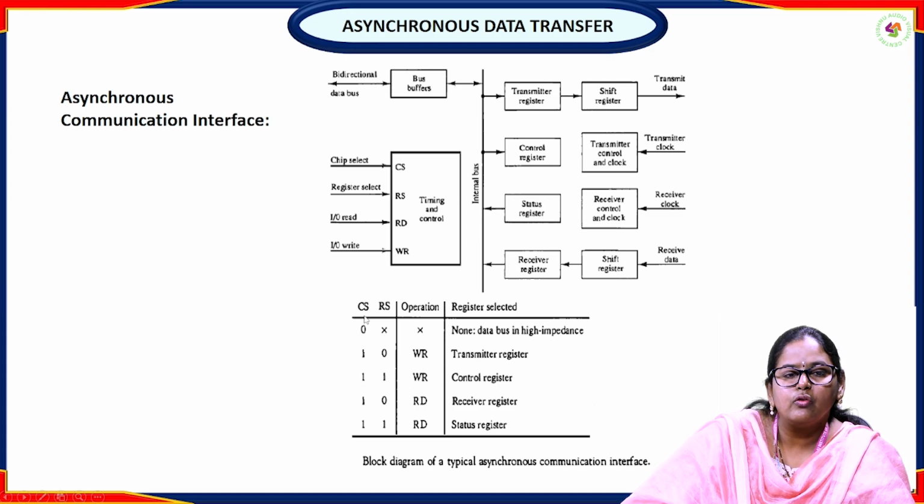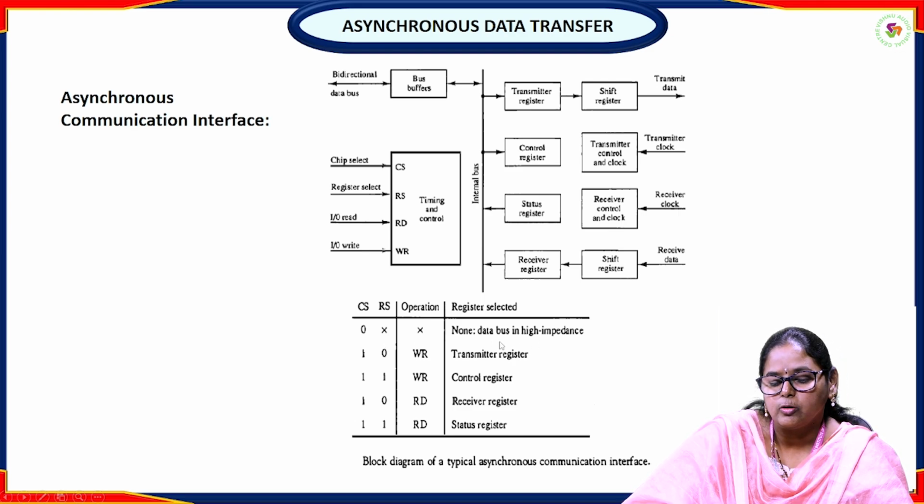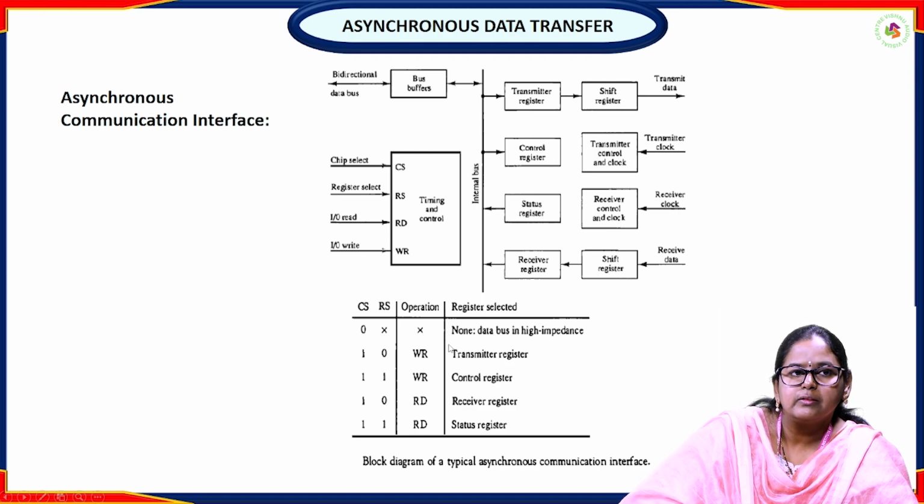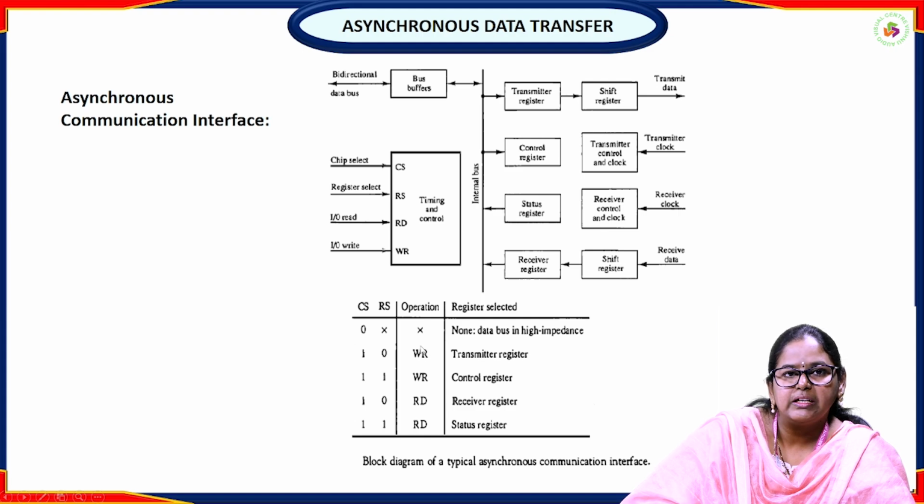When CS is equal to 0 and RS is not given any value, no operation is done. The interface remains in the high impedance state, where we say it acts like an open circuit. It will not transmit any kind of data.